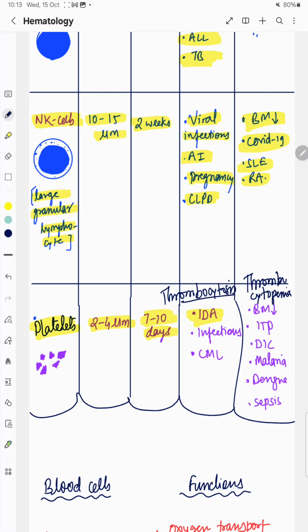Thrombocytosis is seen in iron deficiency anemia, infections, chronic myeloid leukemia, and decreased platelet count is seen in bone marrow suppression, ITP, idiopathic thrombocytopenic purpura, DIC, malaria, dengue, sepsis. So this is a brief about the various blood cells.